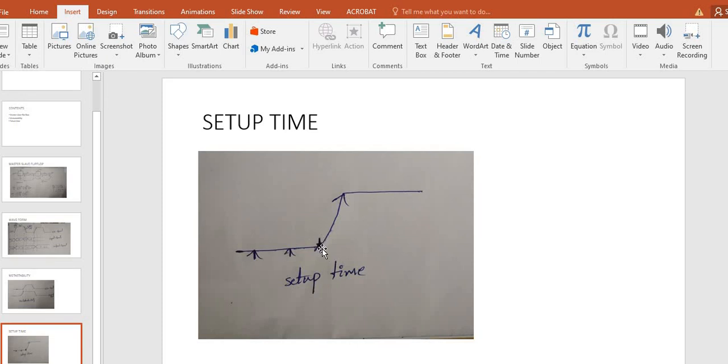Here it is not able to. So what is the definition of setup time? Before the rising edge of the clock, the data should be stable. This is the rising edge, 0 to 1. Before the rising edge of the clock, the data should be stable. That is called setup time.